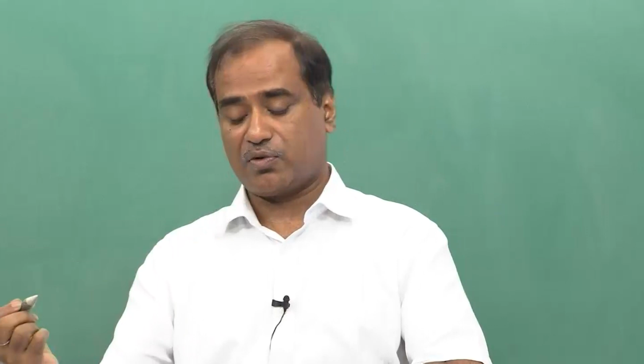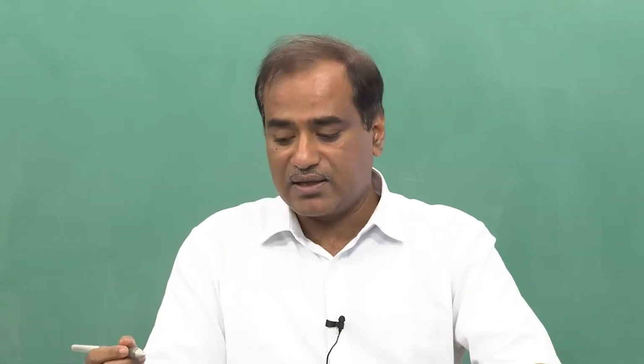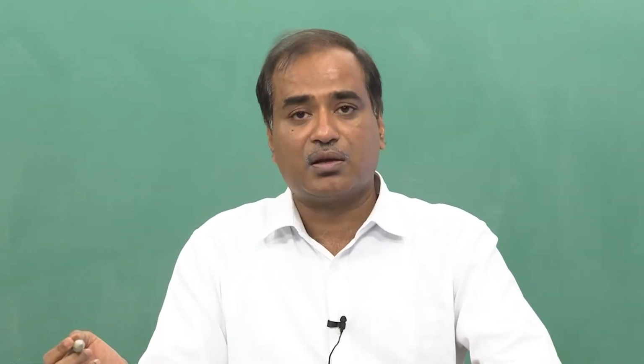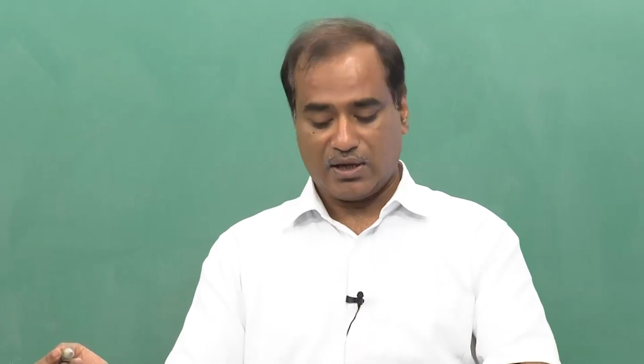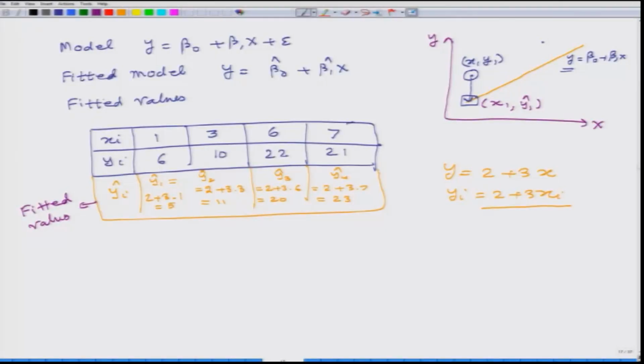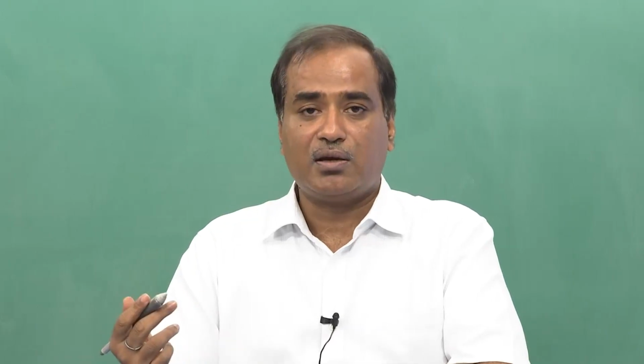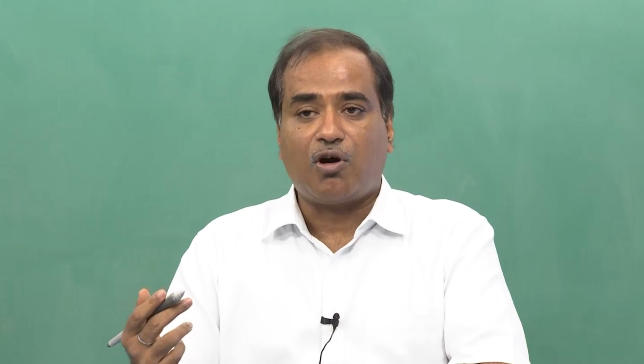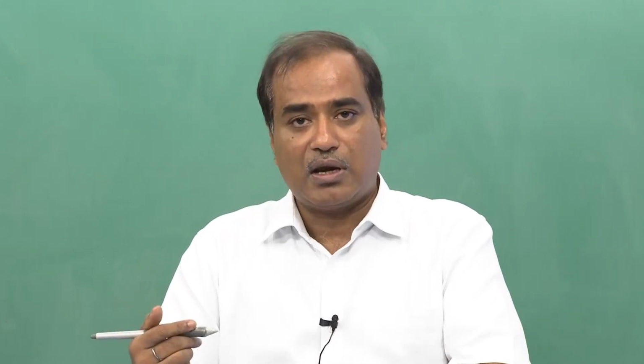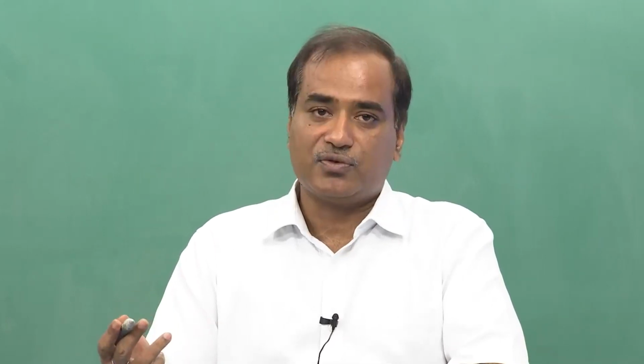If you observe, I have simply fitted the model on the basis of the given set of data, and then using the given values of xi, I am trying to obtain the values of yi, which are yi hat. So, yi hats are the values of y which are obtained from the model, and they are called fitted values.